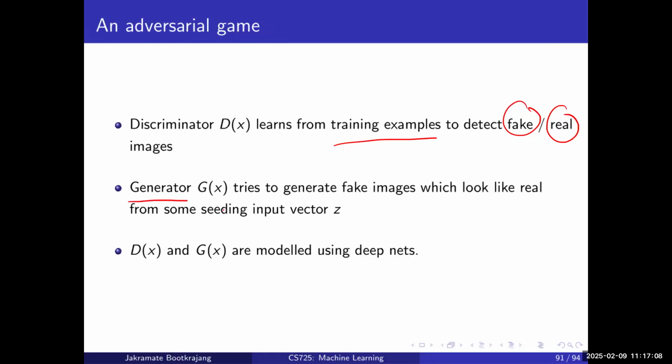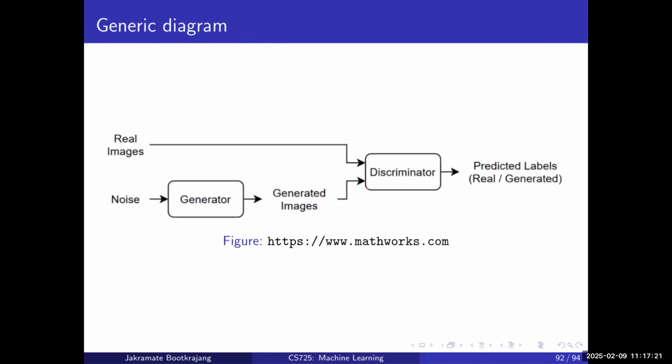This generator will try to generate fake images from a random input vector, right?